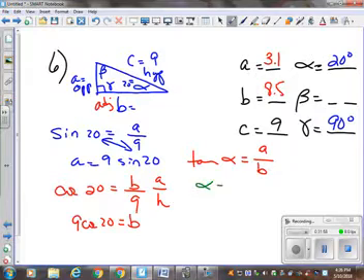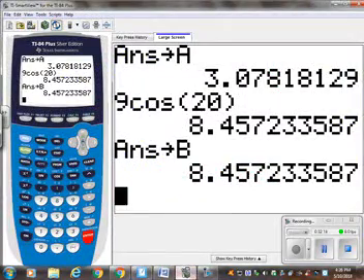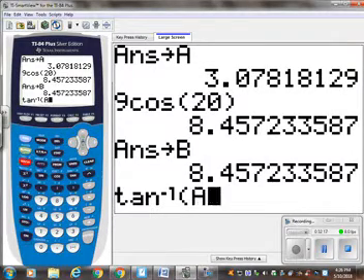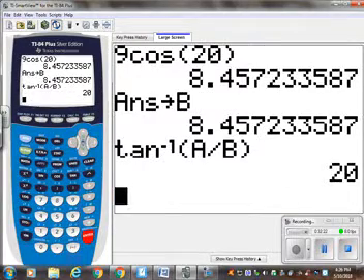We're going to say alpha is equal to the inverse tangent of A over B to see if it comes out to be 20. If it does, then we can get beta really quickly. So inverse tangent of alpha A divided by alpha B. And it came out 20. So now we know that's right.